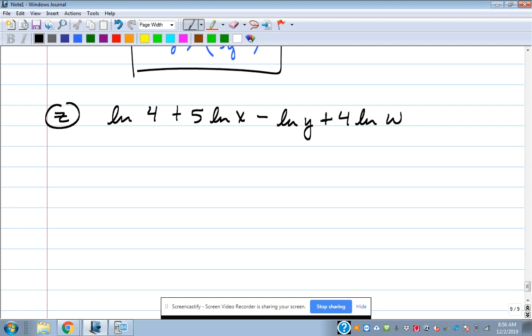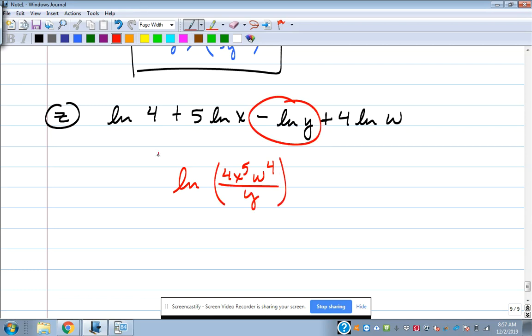The numerator. So we're going to have natural log 4x to the 5th, w to the 4th, and then the only minus part is that y. So that condenses it down into that.